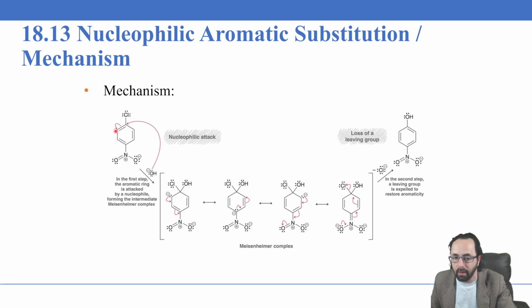The electrophile is the benzene ring, due to the electron withdrawing effects of the nitro group, removing electron density from the ring. So we'll have a nucleophilic attack on the same carbon where we have our leaving group, the chlorine, and simultaneously, because a carbon can't have 5 bonds, we have to have the movement of these pi electrons into the unhybridized p orbital here, and we have a carbanion.